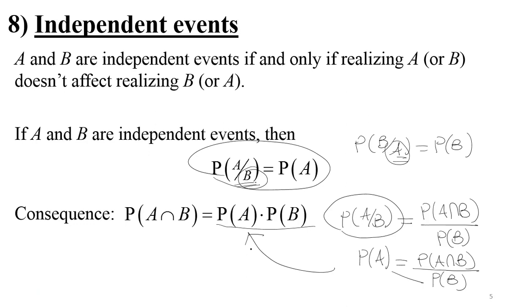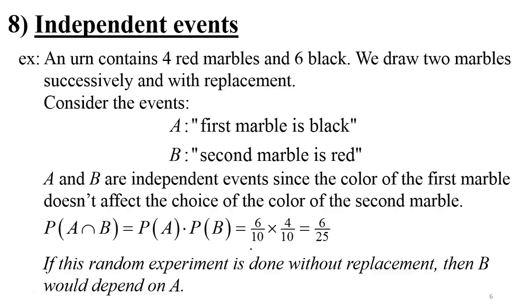I'd remind you that mutually exclusive events are two events that cannot happen at the same time, which means that the probability of their intersection is 0. While independent events are events that do not affect each other. It means realizing one does not affect realizing the other one. So it's very important not to confuse independent events with mutually exclusive or disjoint events.